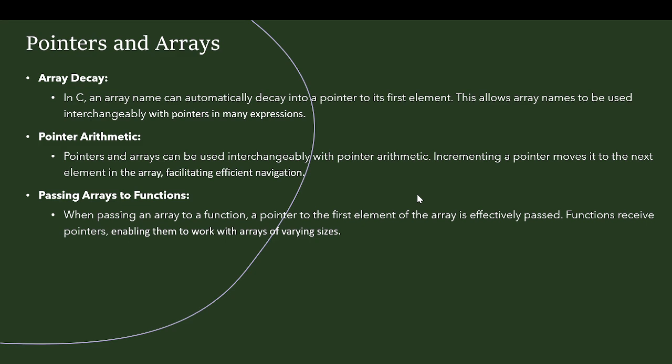When an array is passed to a function, it is the pointer that is passed, that is, the address of the first element. The functions receive pointers as arguments, enabling them to work with arrays of varying sizes.